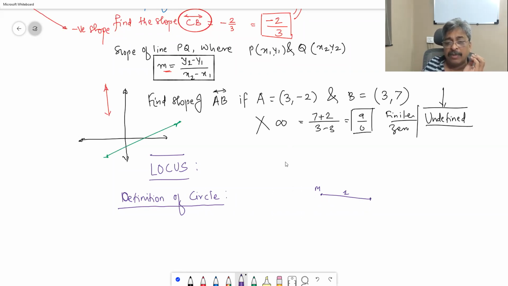Then maybe one or another point, this is not a circle. If you take a tennis ball, there is a line like this on the ball, and all the points on that line are also equidistant from a fixed point, but that is not a circle, it's a sphere. Therefore, it should be in the plane.